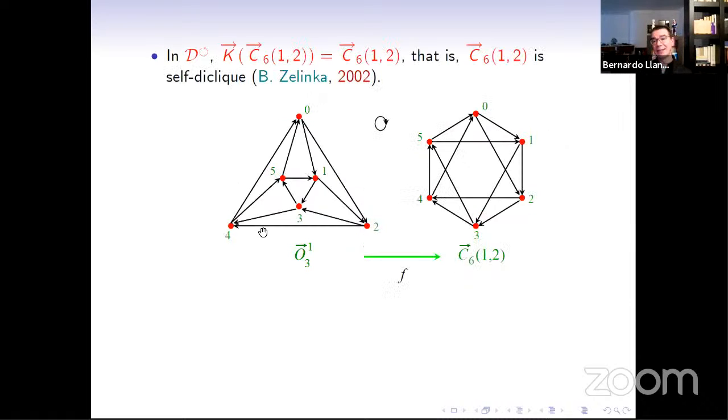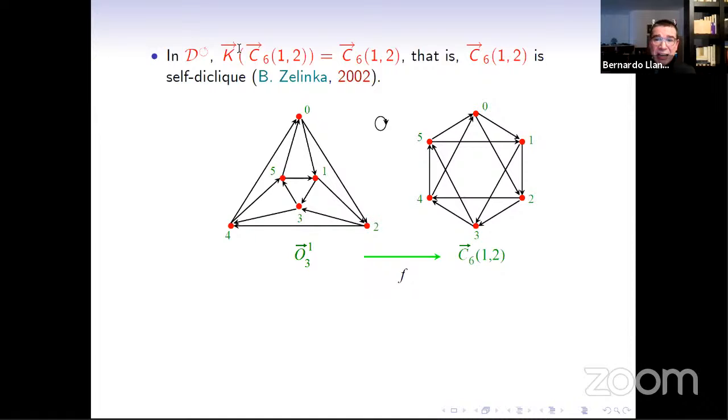Now this is why I am mentioning the class with all the loops, because it was analyzed in Prisner's book, and he put a lot of problems on this class for this operator, and one of them was that you know that for the K arrows dicyclic graph operator, the cycles are self-dicyclic, meaning that in the first step you obtain a cycle again.